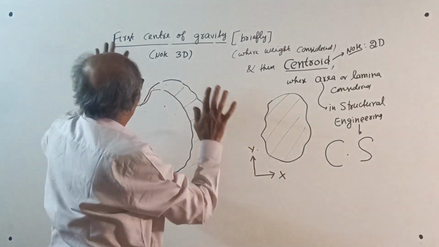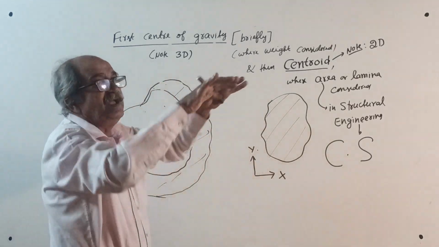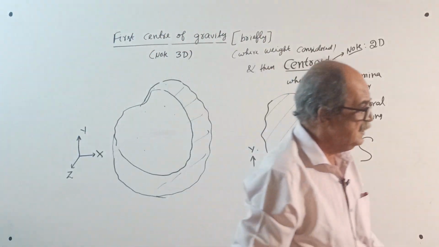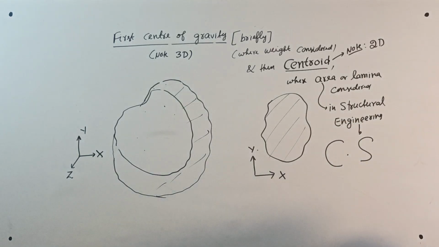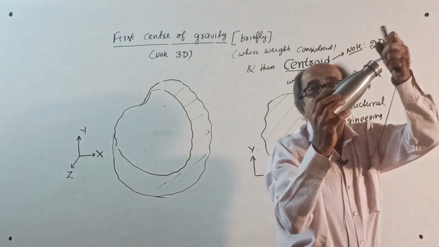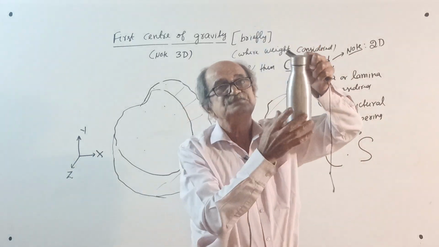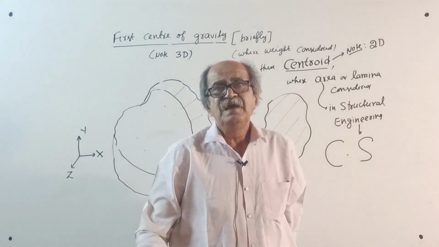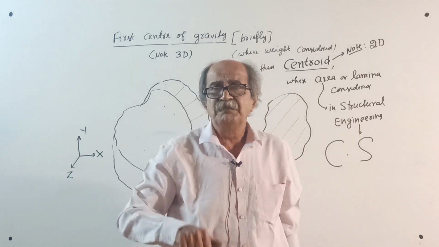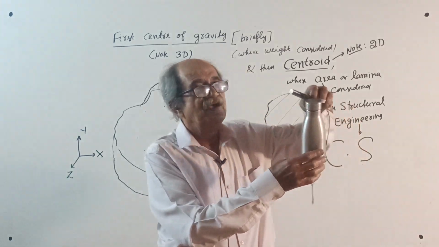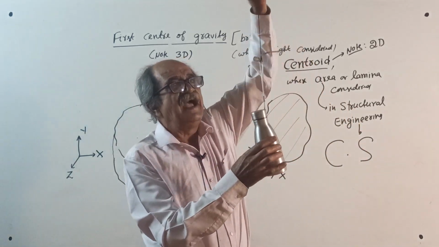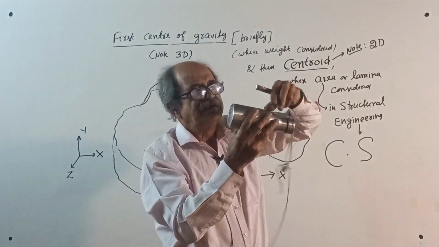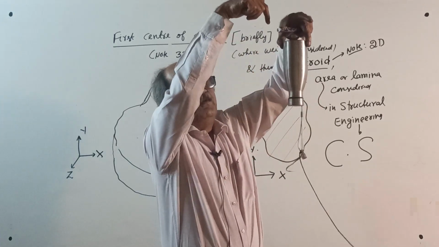Consider a three-dimensional object, not two-dimensional, any random three-dimensional object. For example, I will take this one. Yesterday it was used for an experiment. To understand what is center of gravity and centroid, go through the previous class, number 1, the introduction class. The way I hang it here, weight will act like this. If I hang it from somewhere else, weight will act like this.